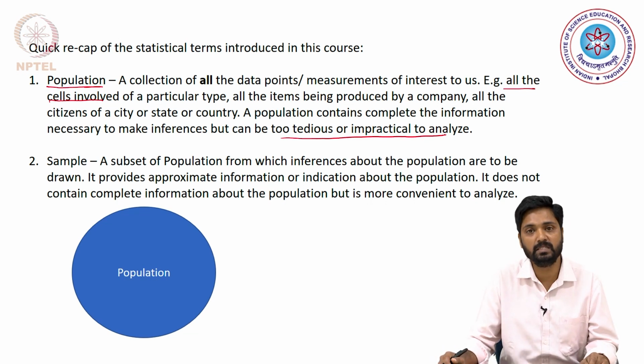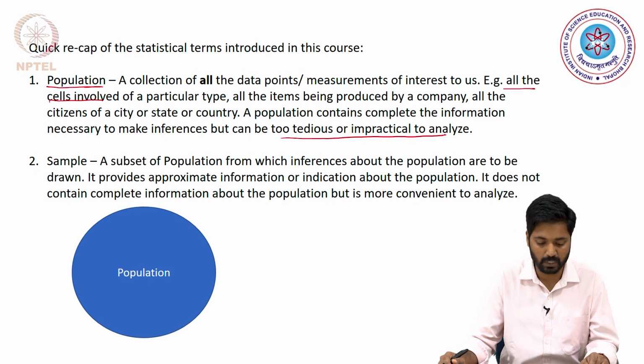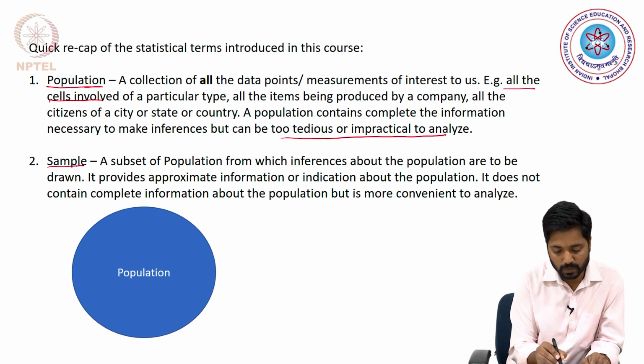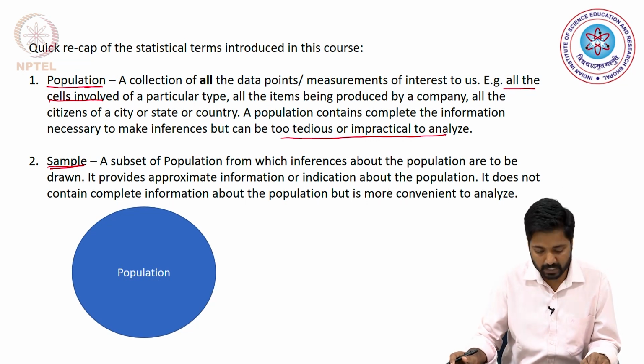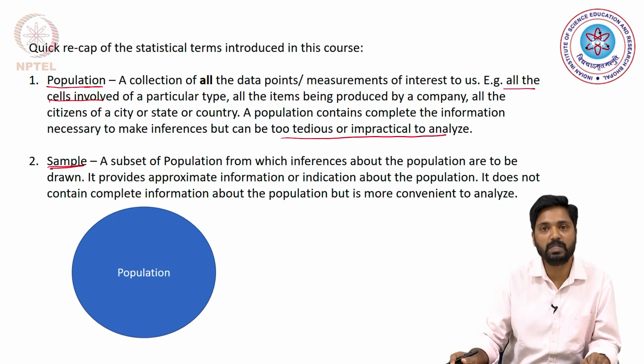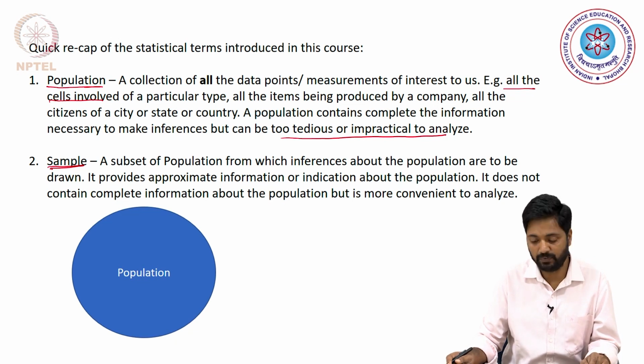The solution is that we take a small subset from the population and make our inferences for the whole population. Now this subset is known as the sample. So to rephrase, a sample is a subset of the population from which we will derive inferences about the population.